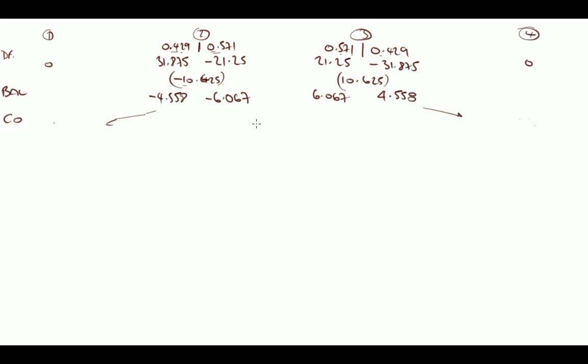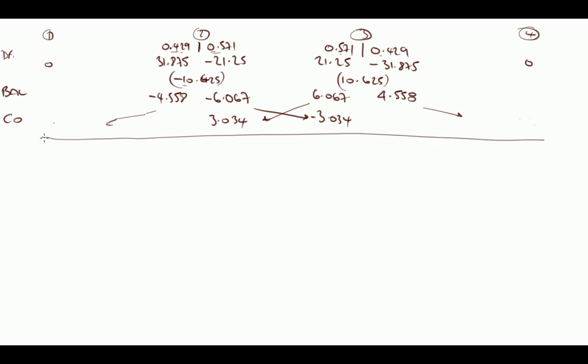But on the central span, we need to carry over half of that to here, so half of minus 6.067 gives us minus 3.034 as a carryover moment there. And similarly, this carryover moment 6.067 carries over as half of that, which gives us 3.034. Remember, we carry over half of the moment.